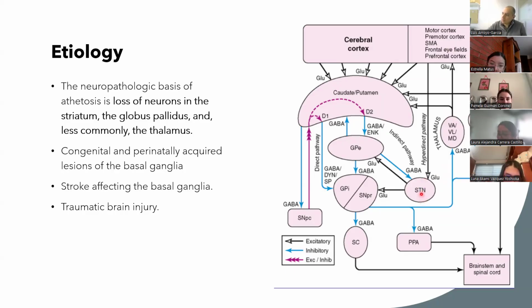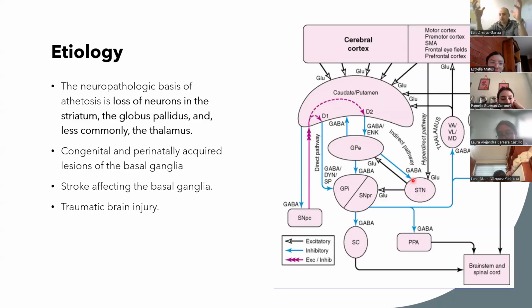Here you have the subthalamic nuclei, right? And in this subthalamic nuclei, the GPE is going to inhibit this, and when you inhibit this part, the problem is that we need to have the balance between the excitation and the inhibition in the whole system.